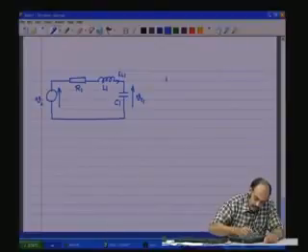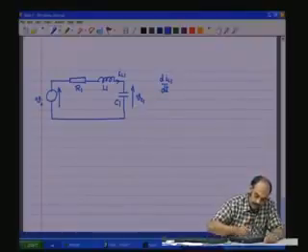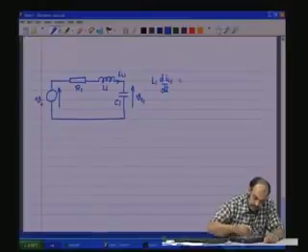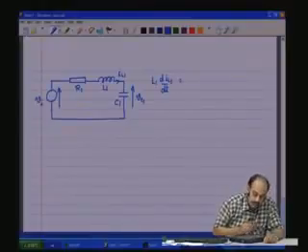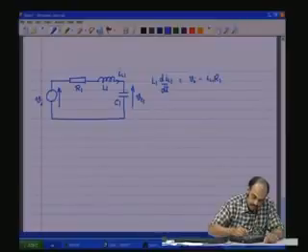So, dIL1 by dt. You take across that one, which is L1 dIL1 by dt is the voltage across the inductor, which is VI minus IL1 R1 minus VC1.